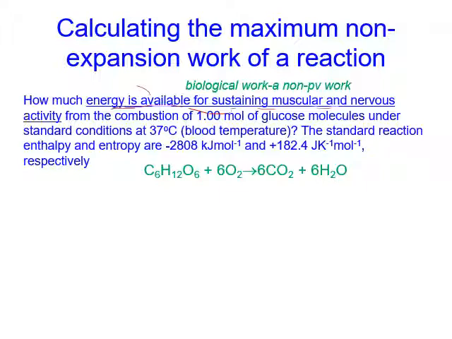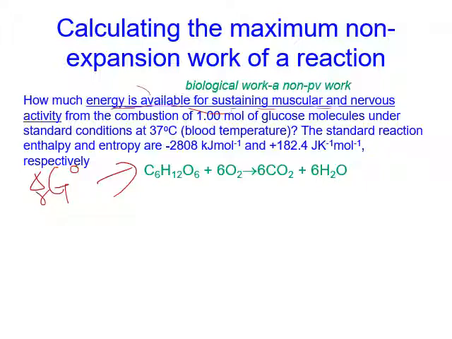That's non-expansion work, and the second law says the maximum of this work equals delta G. So you are asked to calculate delta G of the reaction. Glucose oxidation forms CO2 and water.